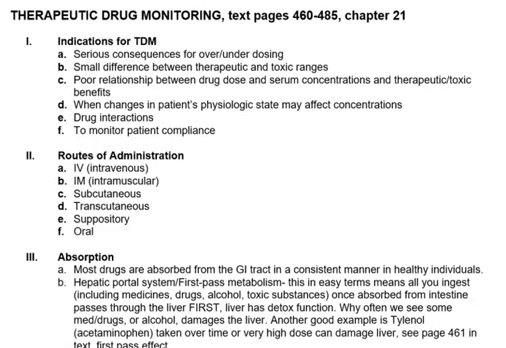When there are changes in the patient's physiological state, there may be changes in the concentrations. There may be drug interactions with other medications. And finally, we can use therapeutic drug monitoring to monitor patient compliance, or how they're taking or if they're taking their medications correctly.